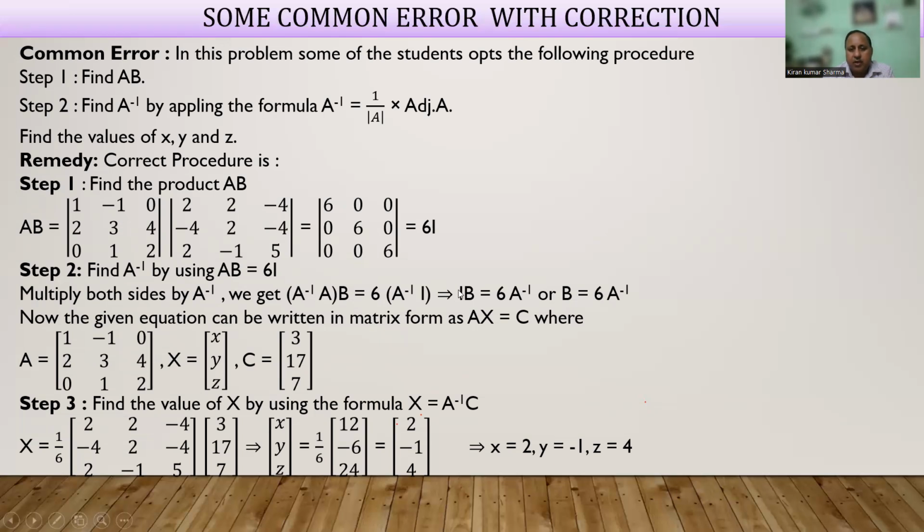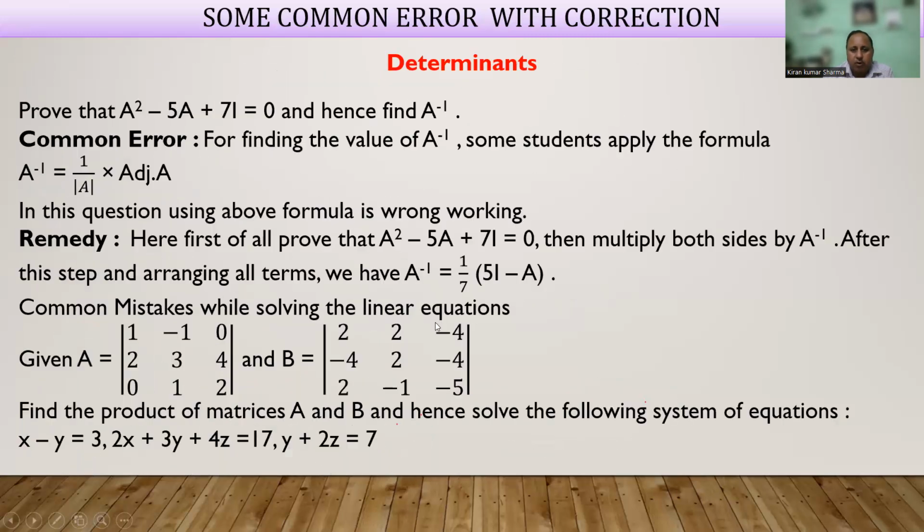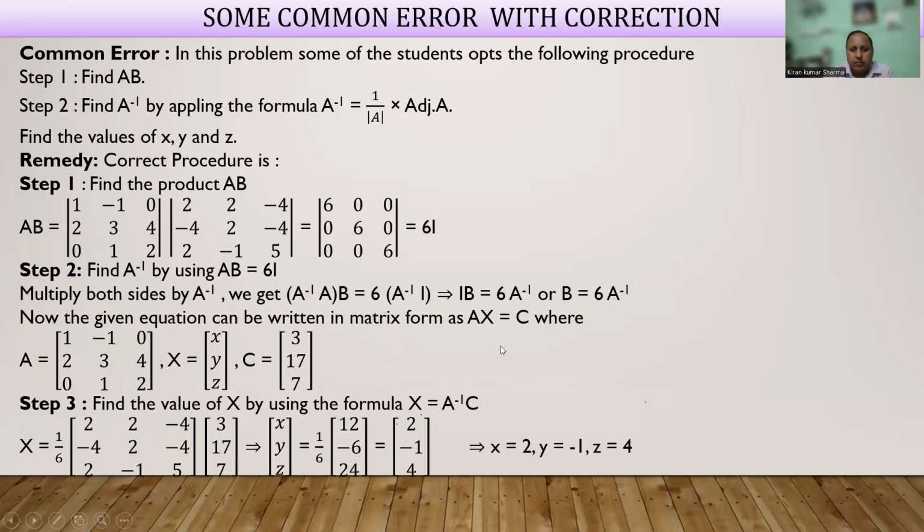So A inverse we will find from this product, that is A inverse is 1 by 6 into B. So from here the solution is X is A inverse into C. So what is A inverse? 1 by 6 into B into C. Then they can find it.